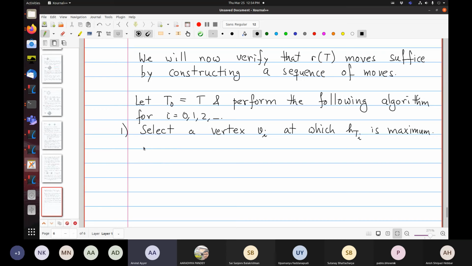If H of Ti of Vi, the height in the tiling Ti of the vertex Vi, is 0, then this is the maximum height, then Ti is equal to T min, and we are done.